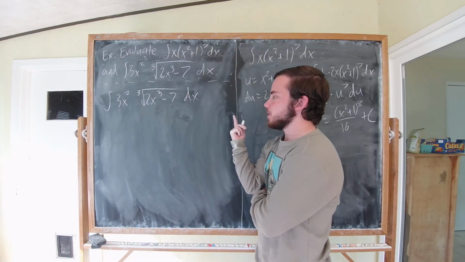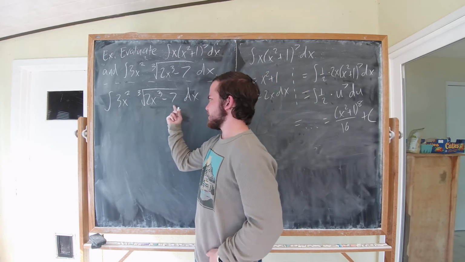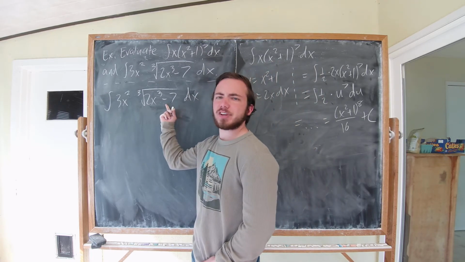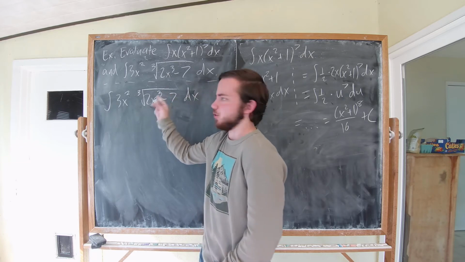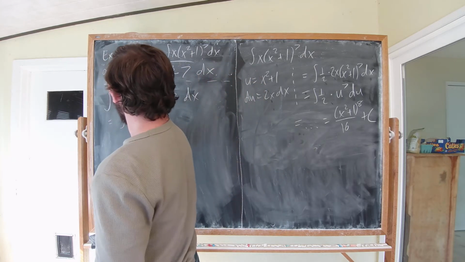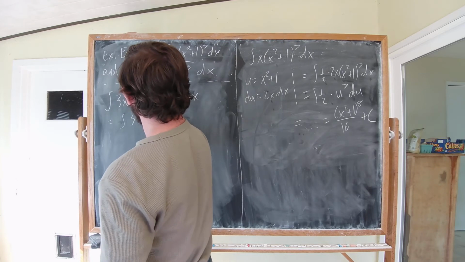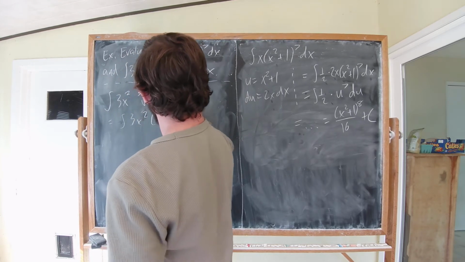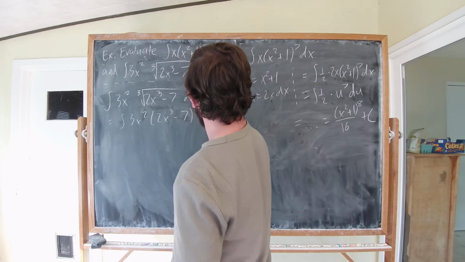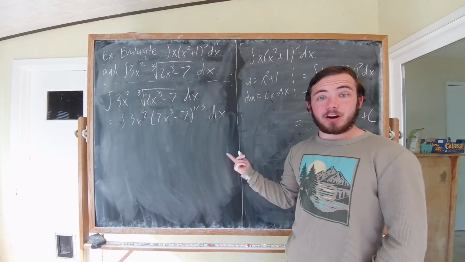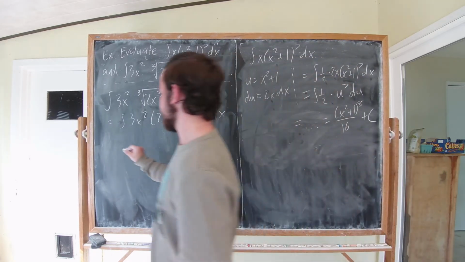Alright, well, it looks like this is probably the most complicated part of the integral, something under a cube root. So let's make our u substitution accordingly.